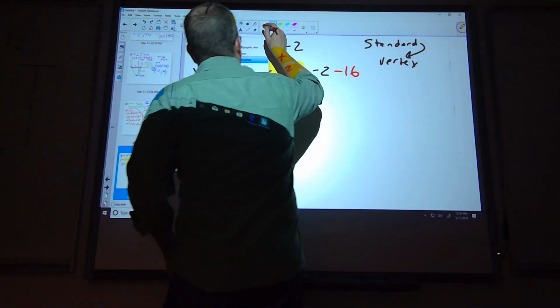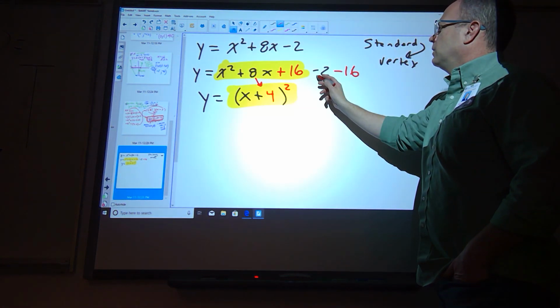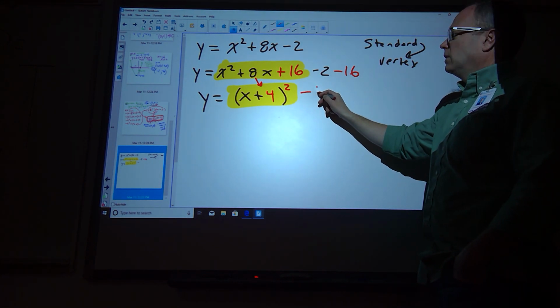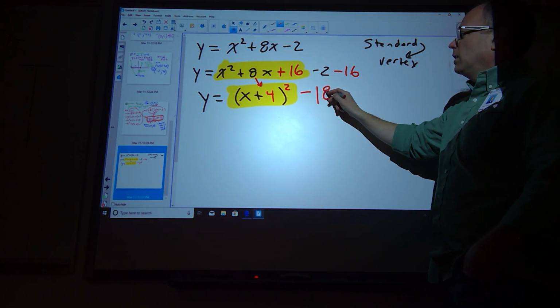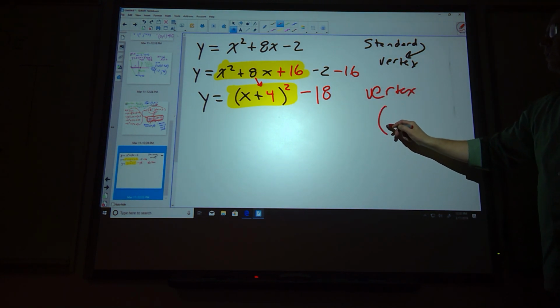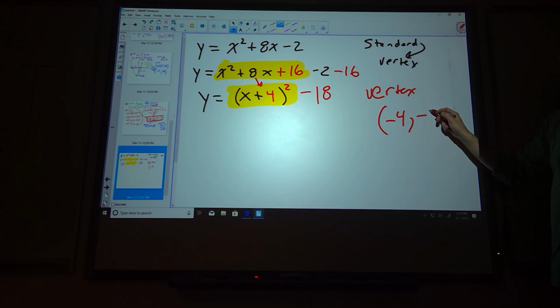But then I also have some combination to do. So what's negative 2 minus 16? Can you tell me my vertex? Negative 4 and? Negative 18. Opposite sign inside if it's grouped, same side outside. So that was completing the square like that.